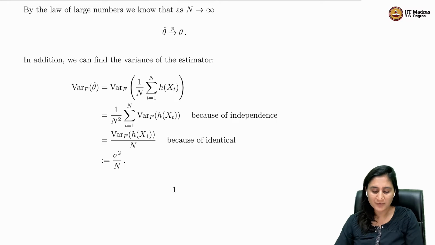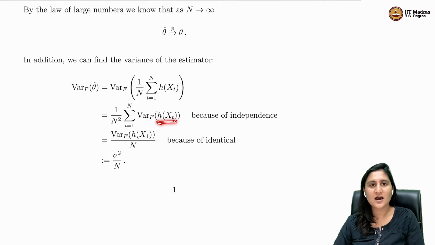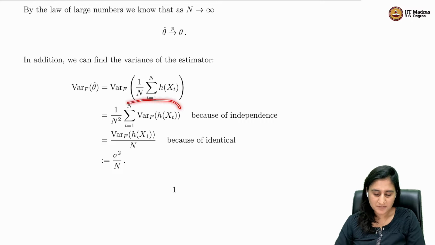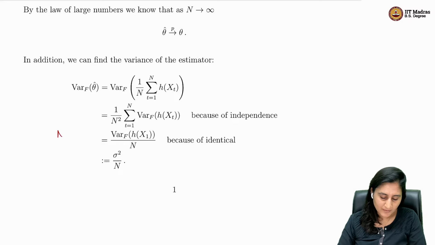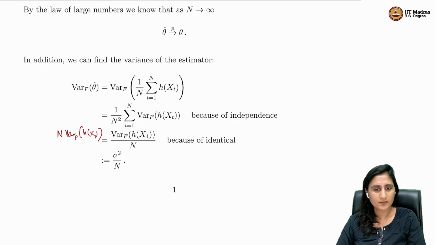But now what I note is all of the h of xt's are identically distributed. So as random variables, they have the same variance, which means this sum I can write as n times variance of maybe just the first one, divided by n squared.